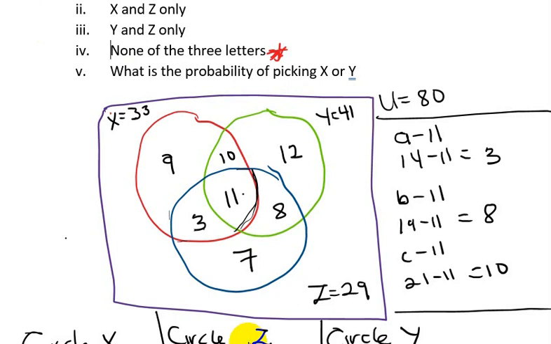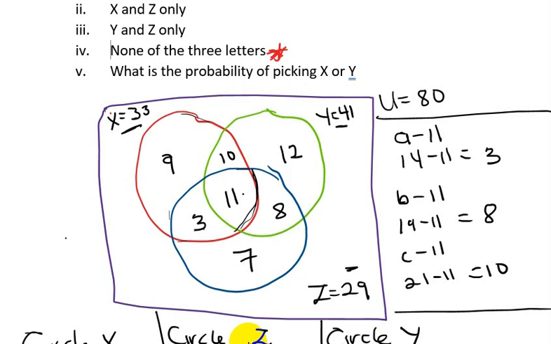Now, after you draw this circle, how do we know my answer is correct? If I add every circle, I have to get its value over here. If I add all the red circle, I have to get 33. If I add all the blue circle, I have to get 29.